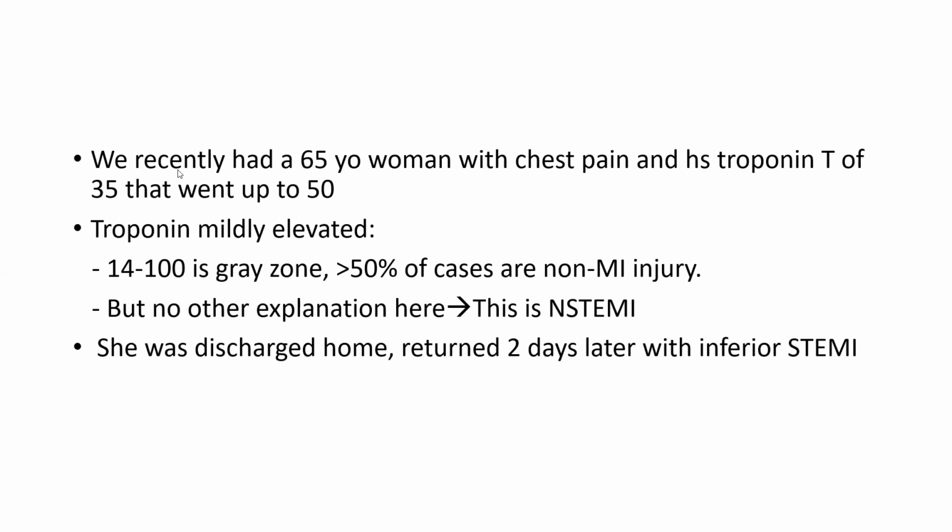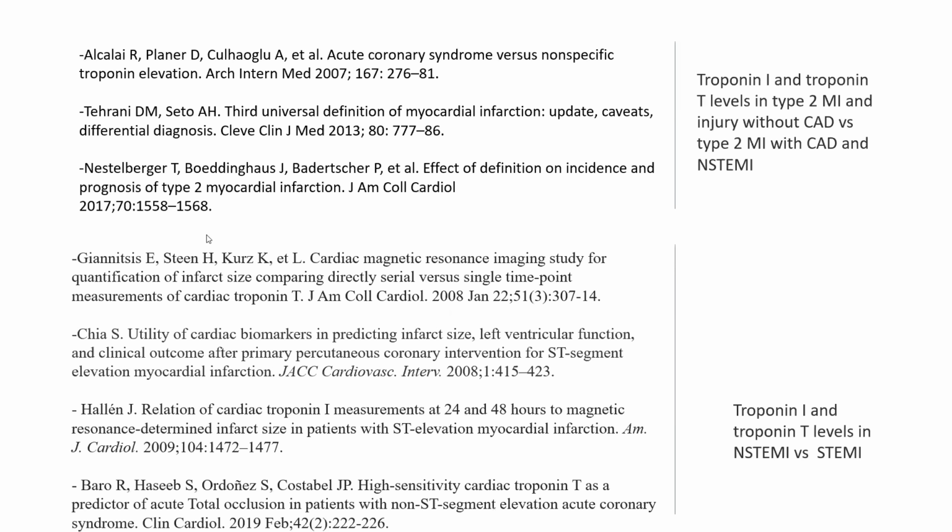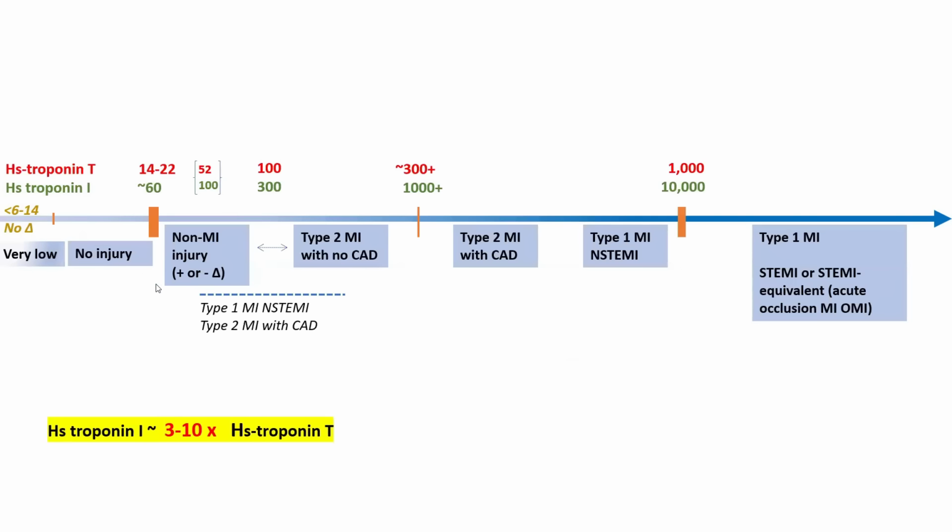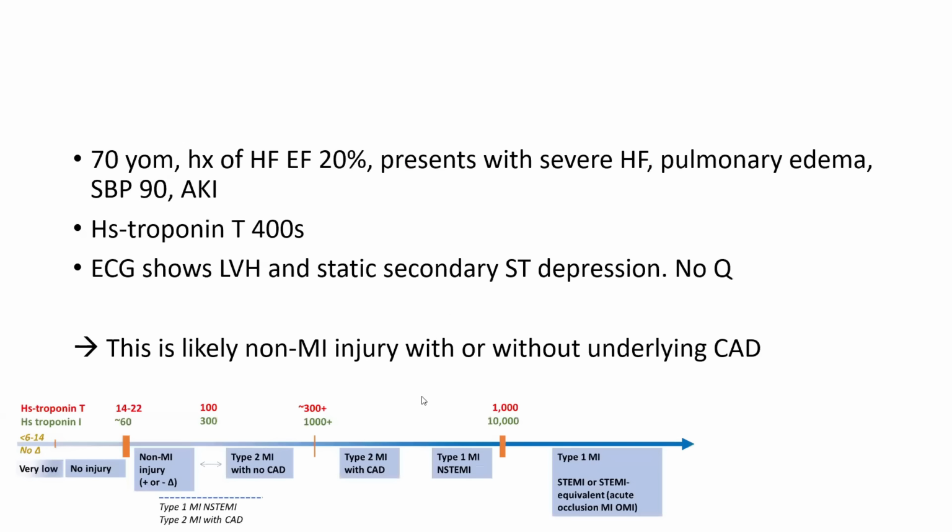This is non-STEMI, and she has a delta of over 20%. So this is a non-STEMI. Unfortunately, she was discharged home, and she returned 2 days later with inferior STEMI. So use the context and the EKG, not just that zone. But this is a very helpful classification in context.